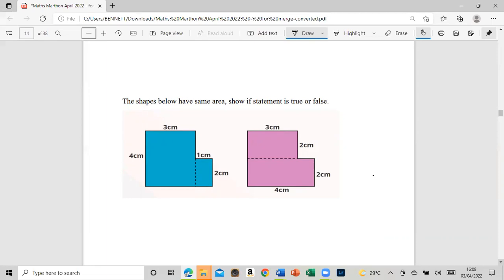Is the statement false or true? Work it out, find the area, and then see if both the blue and the purple have the same area.